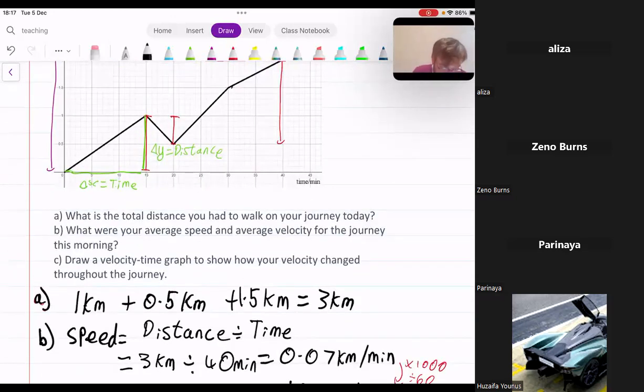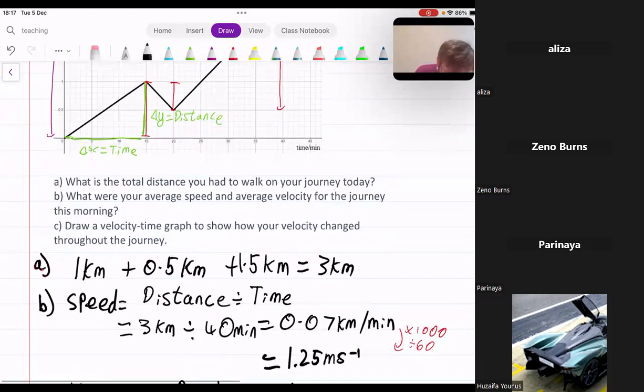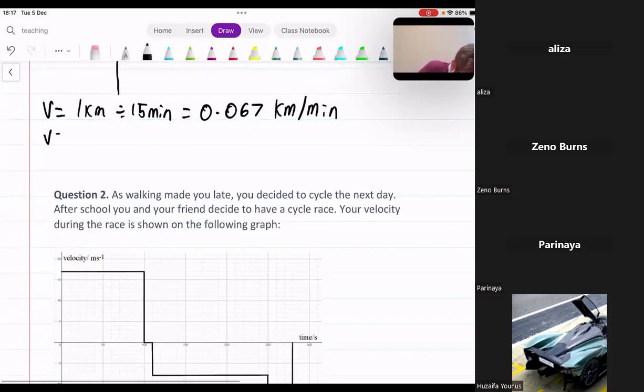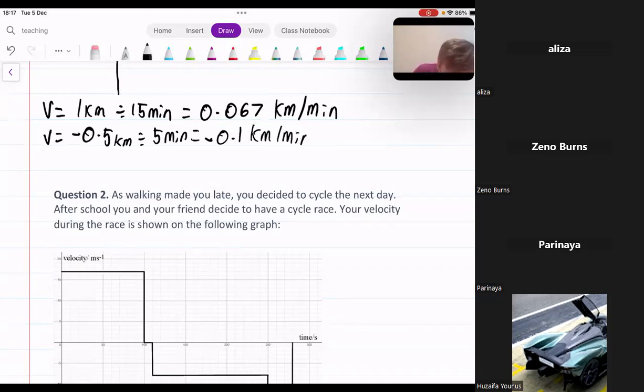And then for the next section, we're going back. So the gradient is going to be negative, which makes sense. We're going back on ourselves. The change in y is 0.5 kilometer, and the time is 5 minutes. So the velocity of the second section is minus 0.5 kilometers divided by 5 minutes, equals negative 0.1 kilometers per minute.